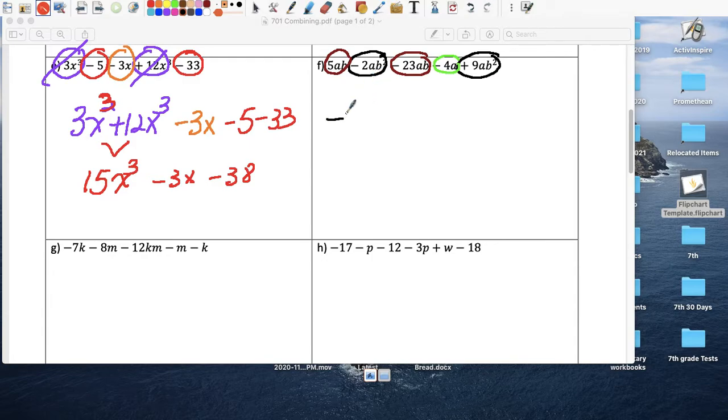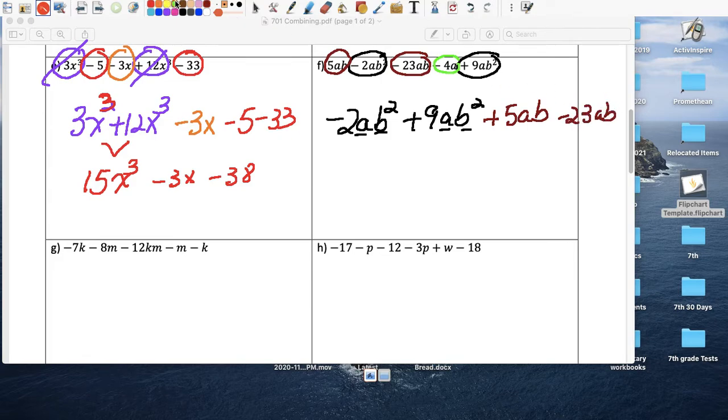I'm going to put the AB to the second power and the plus 9AB to the second power. Notice that they're both A and B, and that the B is raised to the second power, so they're a like term. Then we have this one, 5AB, which is positive 5AB, and then minus 23AB. And for last in the corner, I'll put negative 4A.